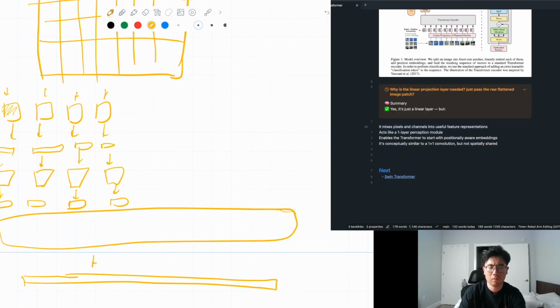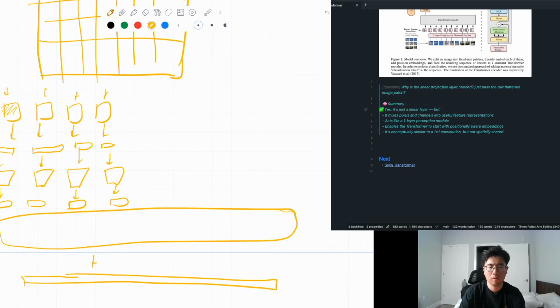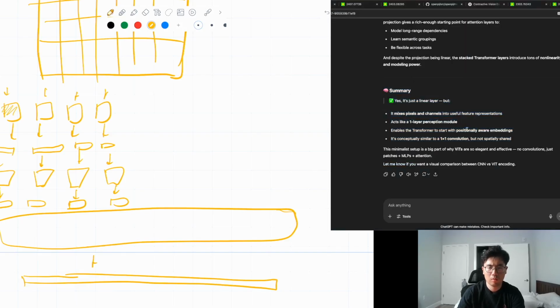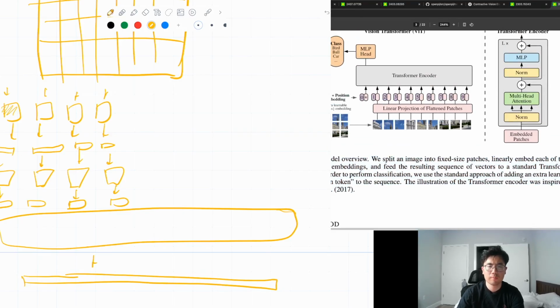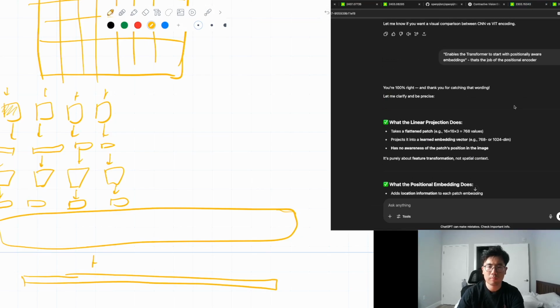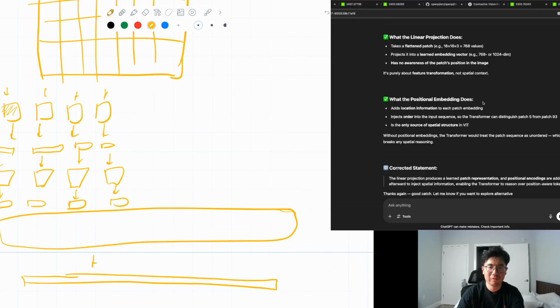Enables, I guess, within the patch. Positional embedding, not positional encoder.